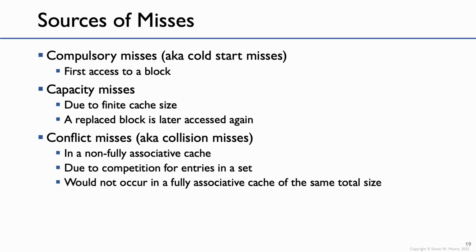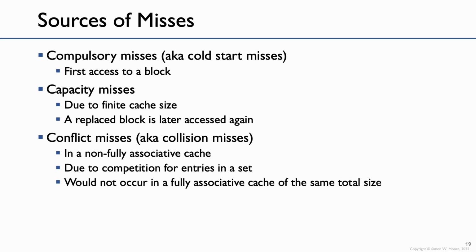Let's look at the sources of misses. So we have compulsory misses, which are often referred to as cold start misses. This is basically the first time this data has ever been read, and so it's missed, and therefore you've got to fetch it into the cache.